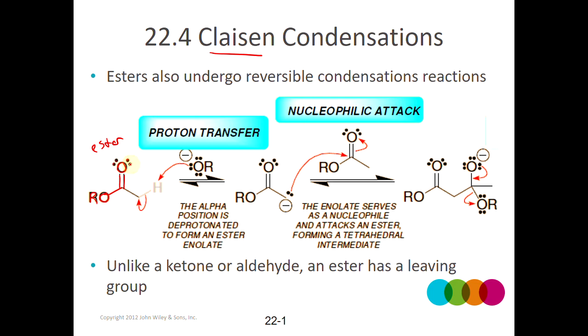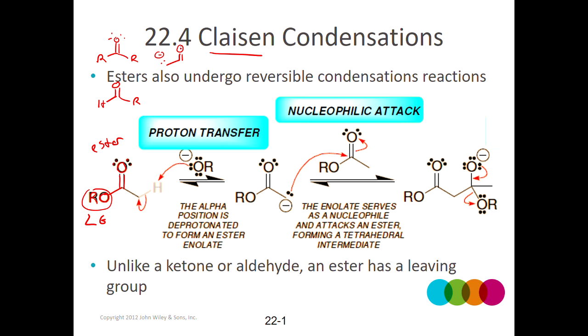What's special about this versus the aldehyde or ketone functional groups that we were looking at working with last time is that the ester has a leaving group. Neither of these have a leaving group. So if an enolate were to attack them, remember the enolate is stabilized by resonance.